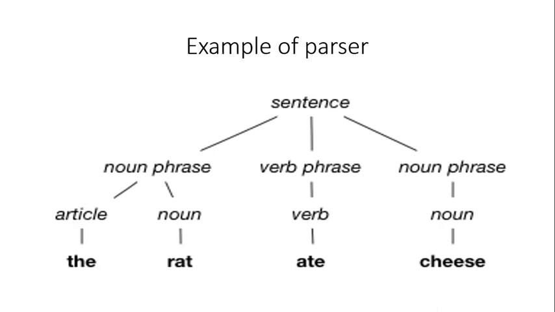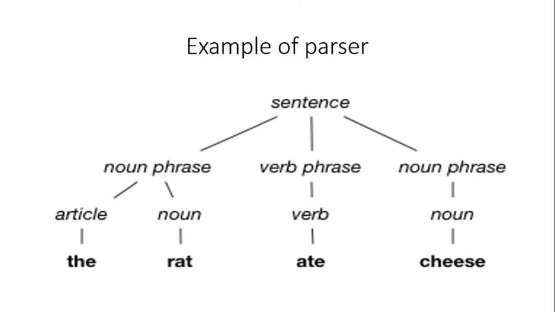The sentence is divided into phrases, and the phrases are divided into words. Of course, this is a very, very simple example of the parser, but the detailed parsers are very complex. It's noun phrases, the article and the noun, and the verb is ate, but you can divide the verb into more.